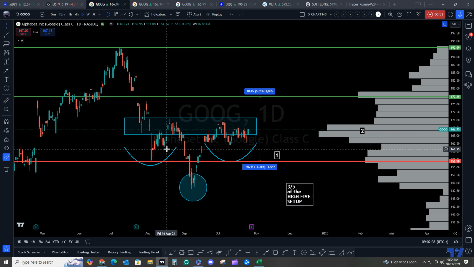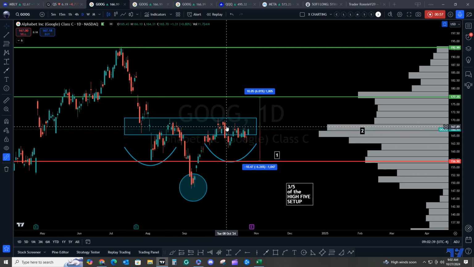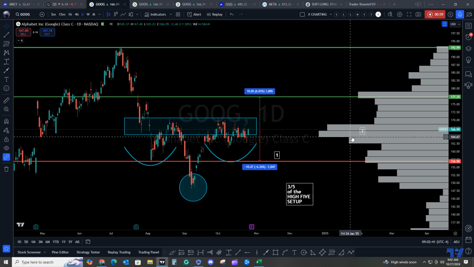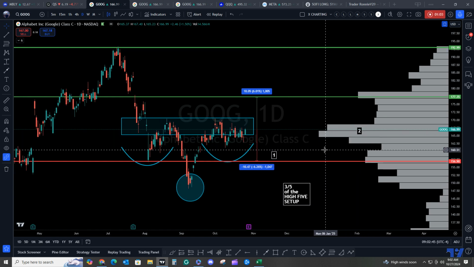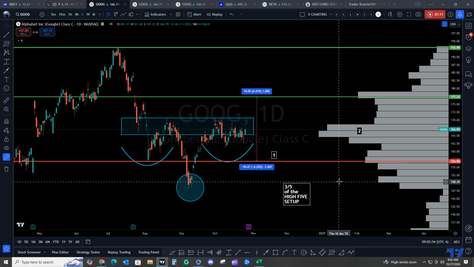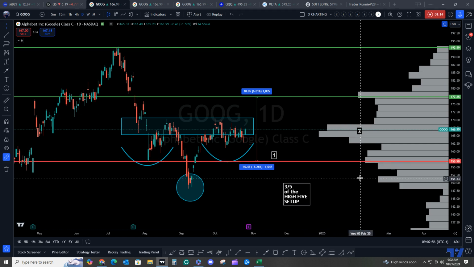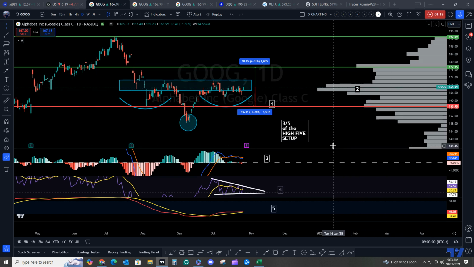As we can see, we have a left shoulder, right shoulder, and a head for your inverse head and shoulders here. The second indicator is going to be a volume gap of some sort. Using the volume weighted profile over here, we have a volume gap to the upside and a volume gap to the downside. We're going to talk about these red and green lines in a second. So check mark on 1, check mark on 2.